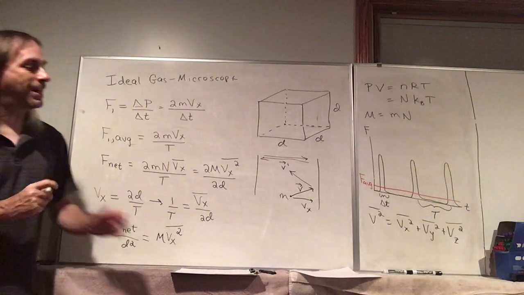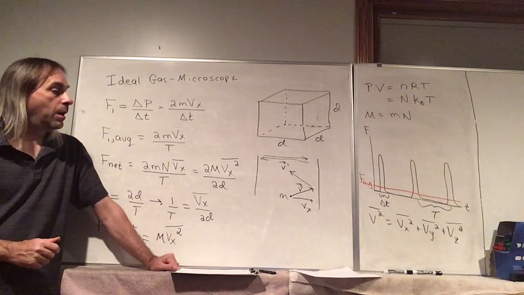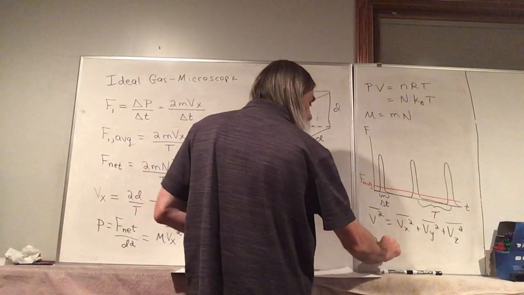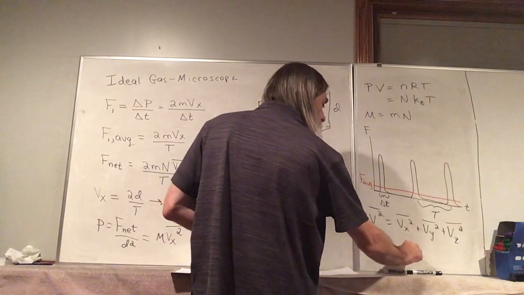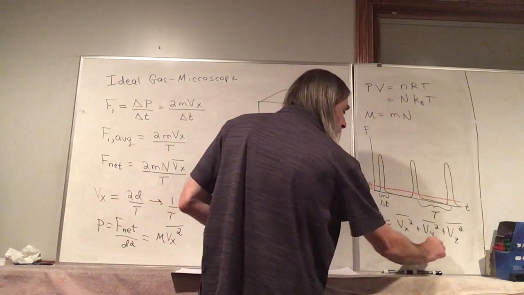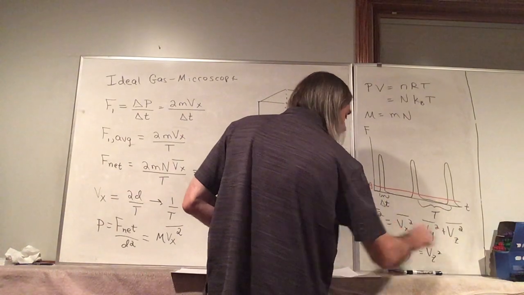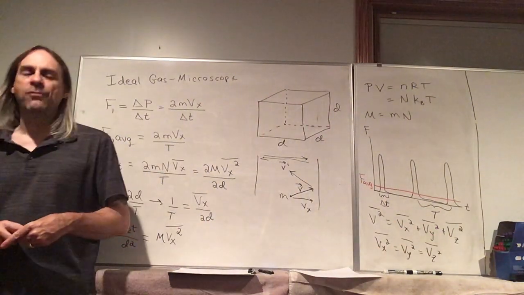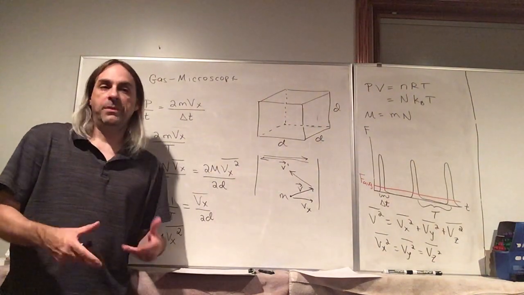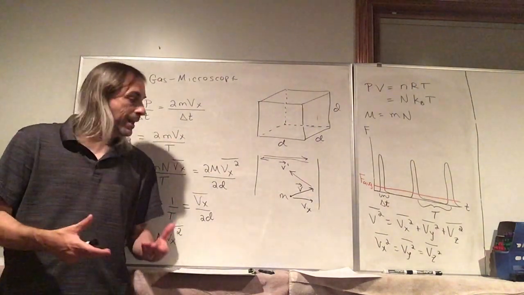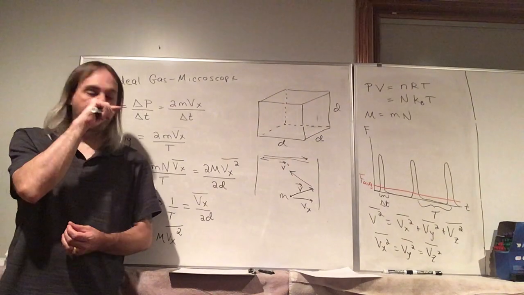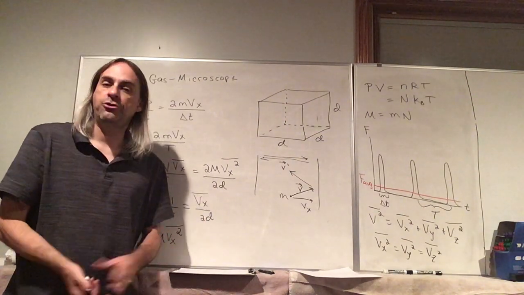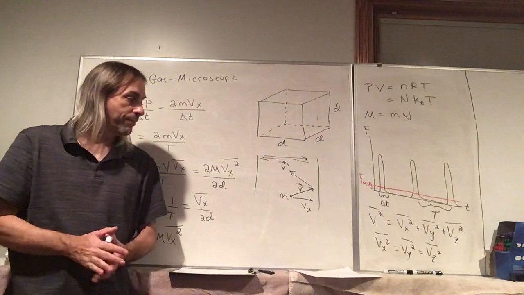Now we're going to make an assumption here. I'm going to write it down first and then talk about it. So again, we're looking at average values. And what we're saying is that the average value of the velocity squared in each direction is the same.